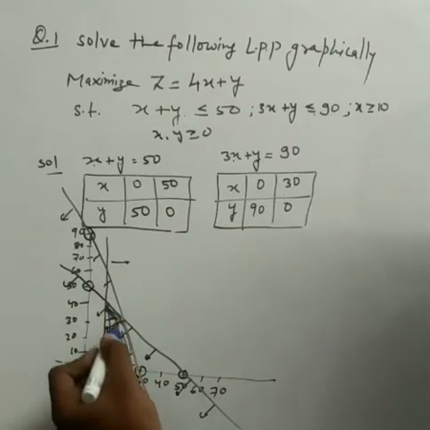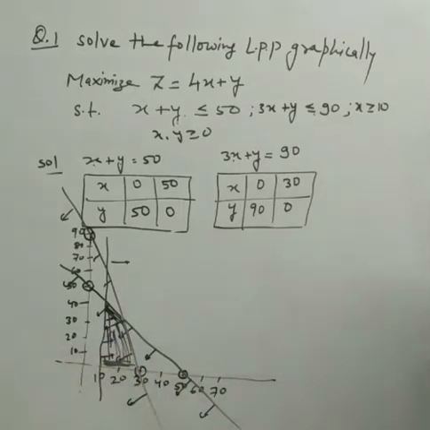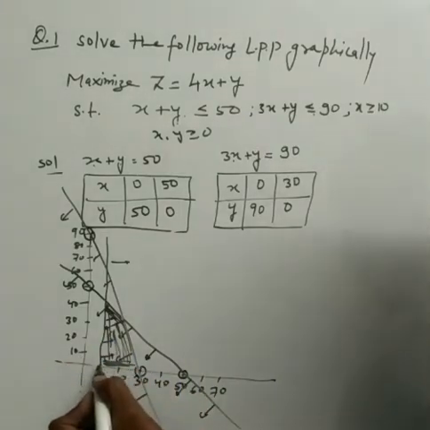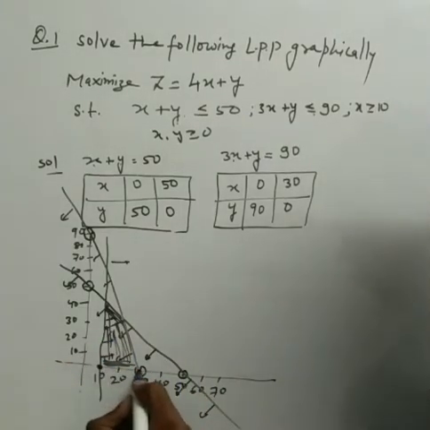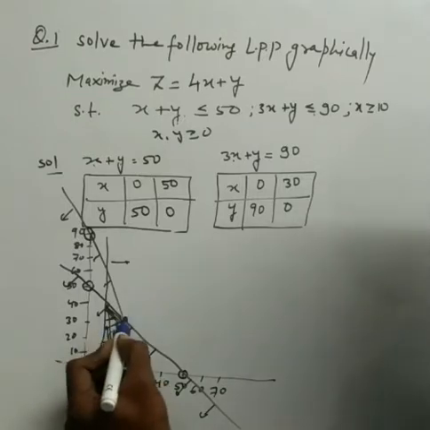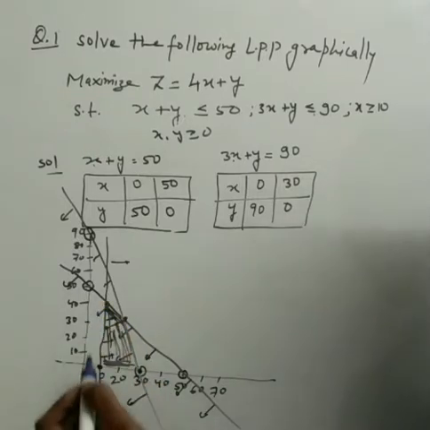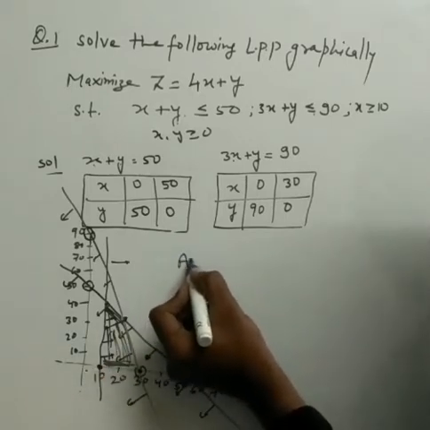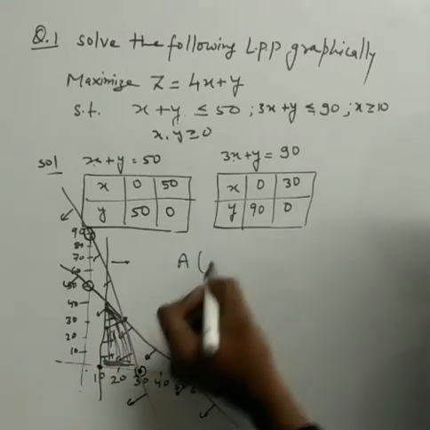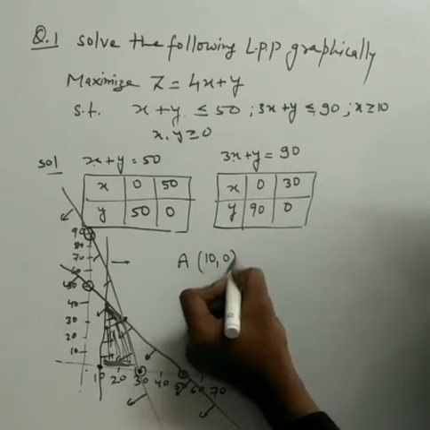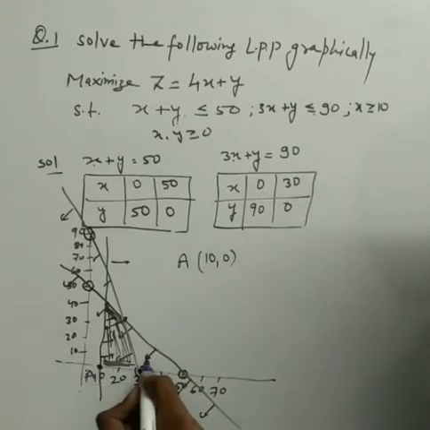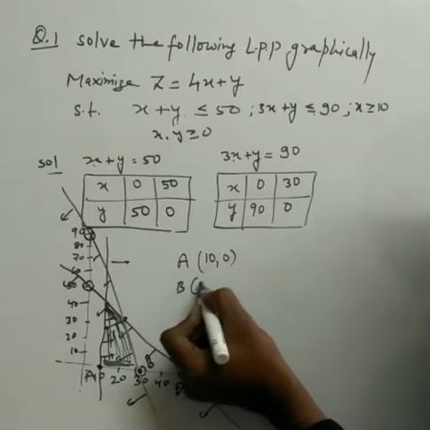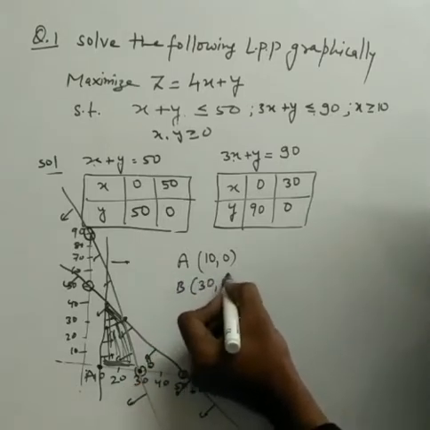We have obtained this common solution region. In this common solution region, there are 4 corner points: 1, 2, 3 and 4. Here it is A. Coordinates of A are 10, 0. Here it is B. Coordinates of B are 30, 0.